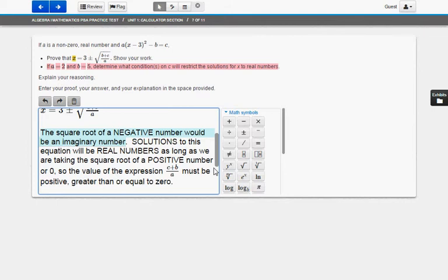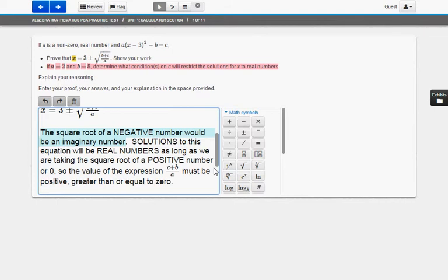But if we tried to take the square root of negative 25, we would be looking for a number that you can multiply by itself to equal negative 25. And the problem with that is whether you take a positive number times itself or a negative number times itself, the product is always going to be positive. You can't take any number times itself and get a negative product.